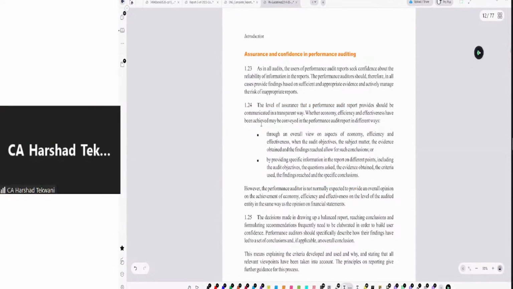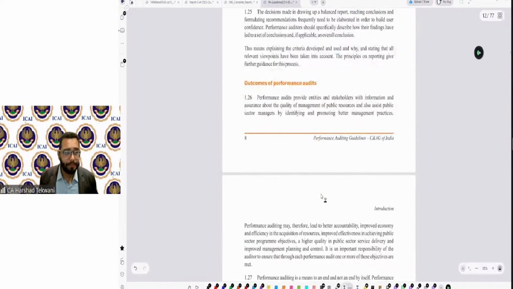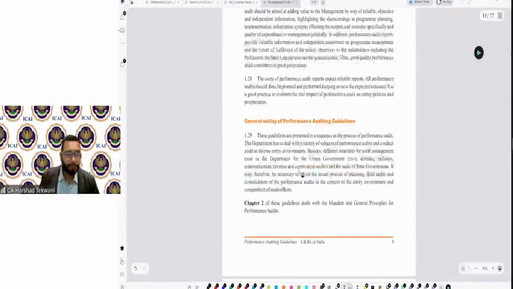Then the level of assurance or confidence that you are providing, whether you are providing reasonable assurance, what level of assurance you are giving on that performance audit, should be appropriately reported. What should be expected as an outcome of this performance audit should be specifically provided.